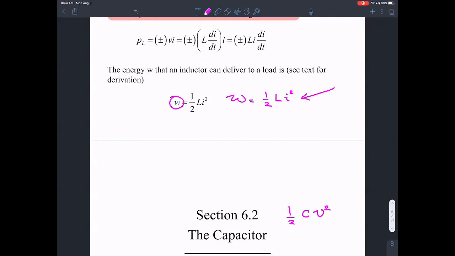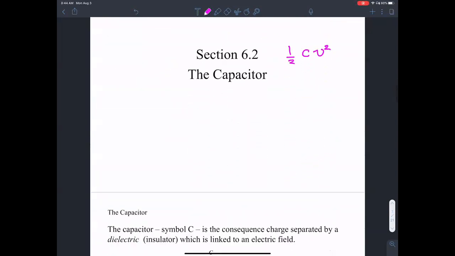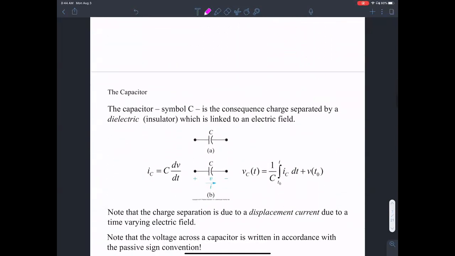Now, that's the idea of an inductance. Let's see what's going on with the capacitance. Capacitance is pretty similar to the inductance in the sense that one of the variables is proportional to the derivative of the other.